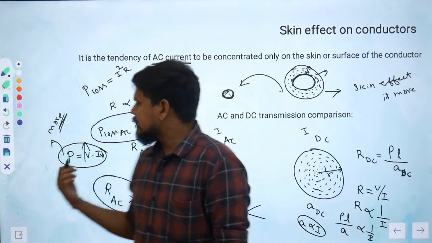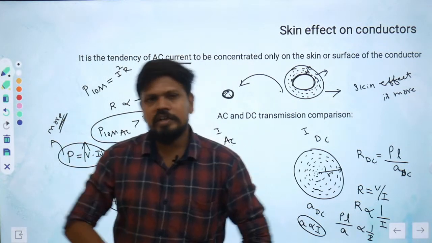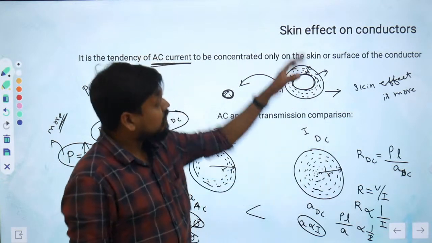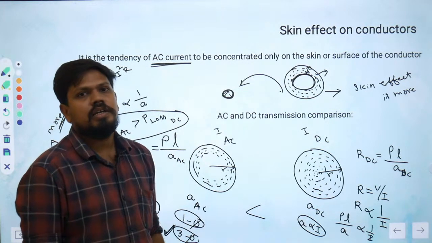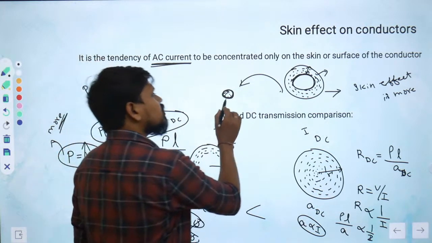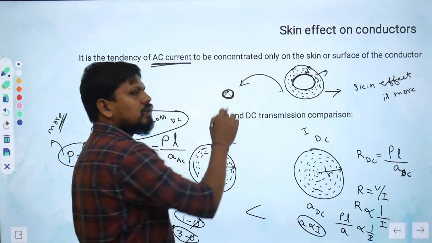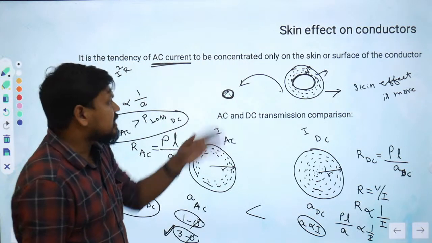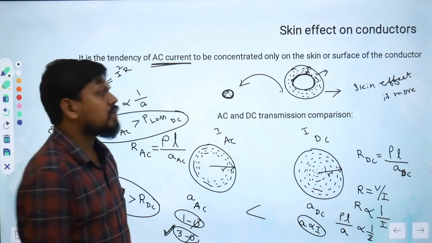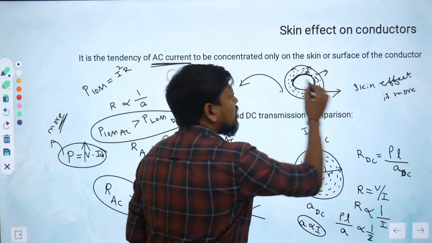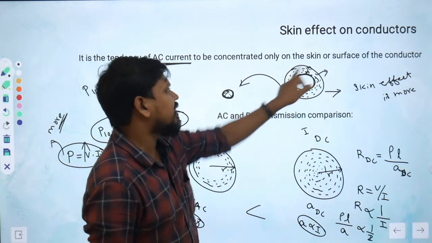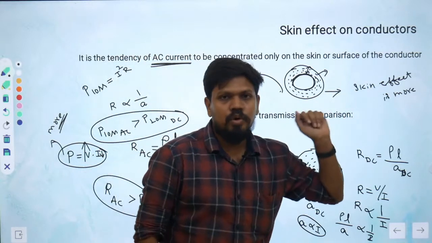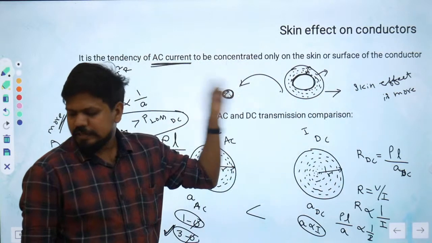Anyway, we are increasing the voltage, so high power transmission is possible, but the current flowing will be decreased here. So instead of using one single conductor, we will use many smaller conductors. Why are we going from the big conductor to small conductors? In a big solid conductor, skin effect is more. That's why we are using smaller conductors.